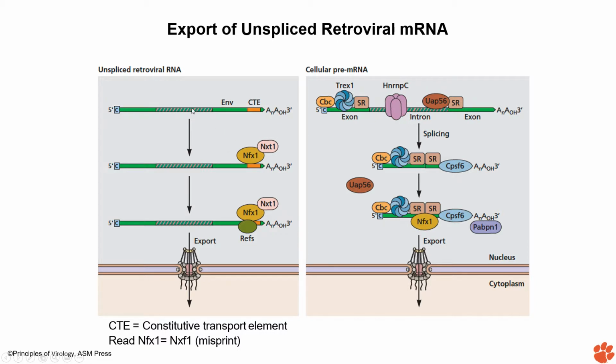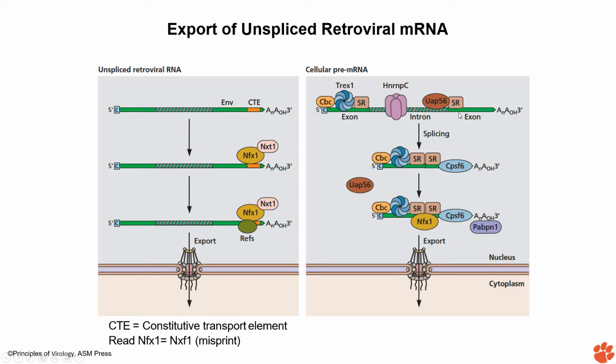You have this mRNA, and what you have is a CTE, which is called a constitutive transport element. This is an extensive secondary structure of the mRNA, which basically recruits the transport factor. Here you can see nuclear export factor 1 and NXT1, another adapter protein, and these two proteins and also these smaller proteins.